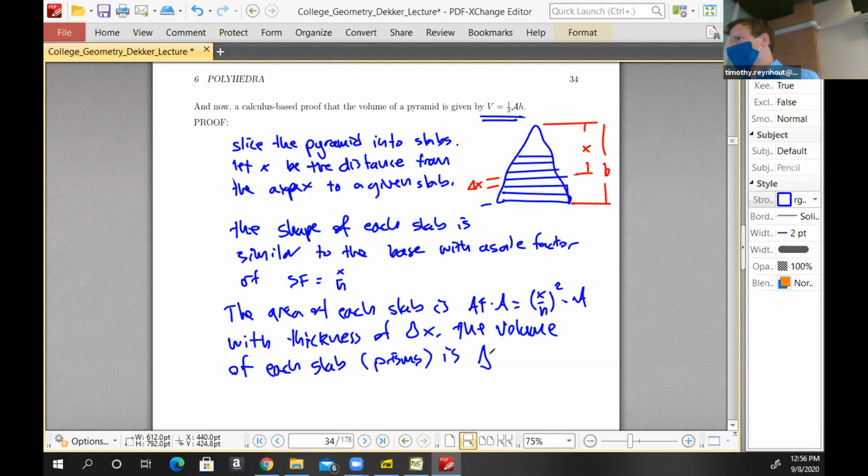So it represents the change in volume, which is the area of the base times the height, so x over h squared times A, the area of the base, times the height of the slab.